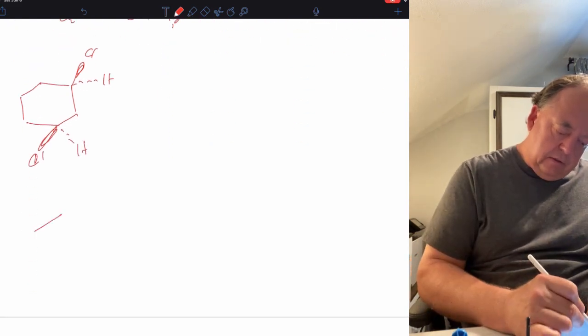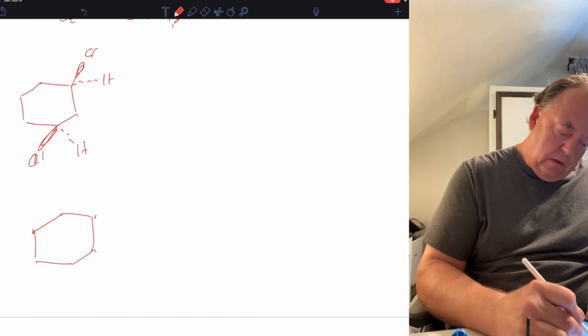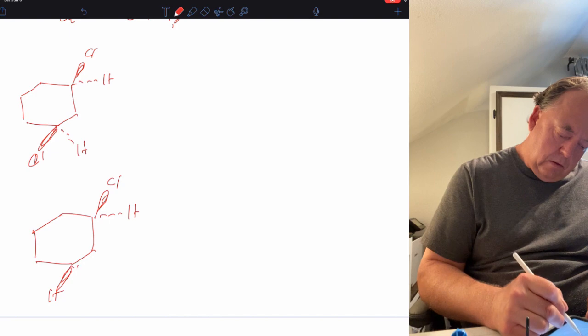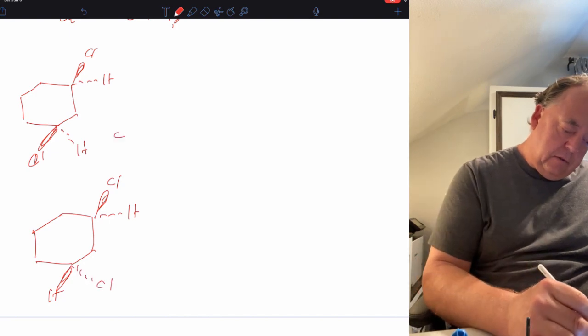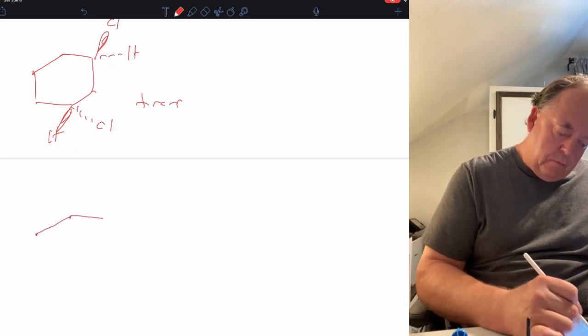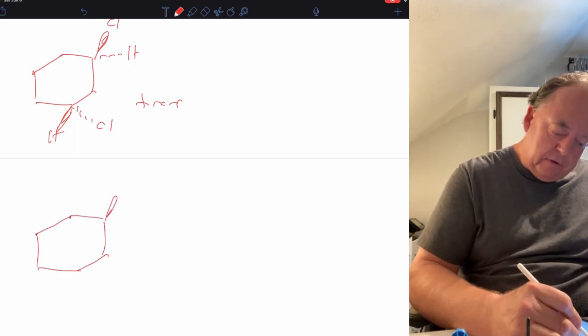So it could be cis, or it could be trans. And then, of course, the other possibility would be what if they're 1,4 with respect to each other.